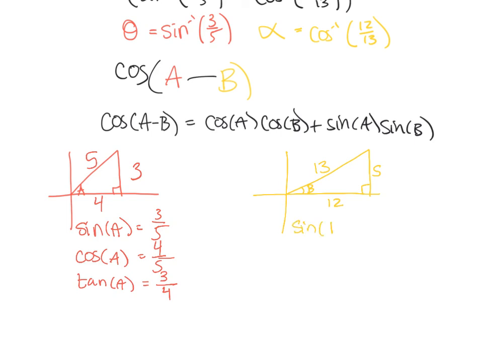So sine of our angle B is 5 over 13. Cosine of our angle B is 12 over 13, something we already knew. And tangent of angle B is going to be 5 over 12.